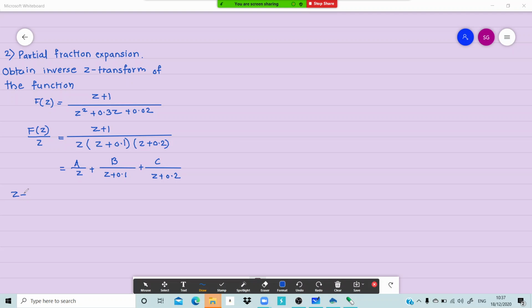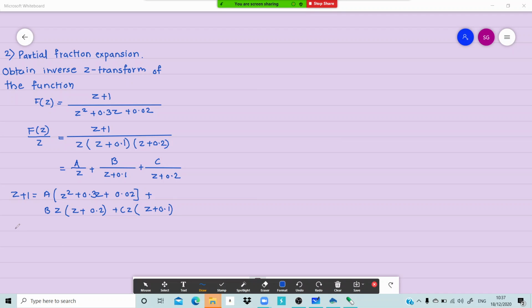So z plus 1 is equal to a into bracket multiplication of these two, that is this function, z square plus 0.3 z plus 0.02, plus bz into z plus 0.2 and plus cz into z plus 0.1.